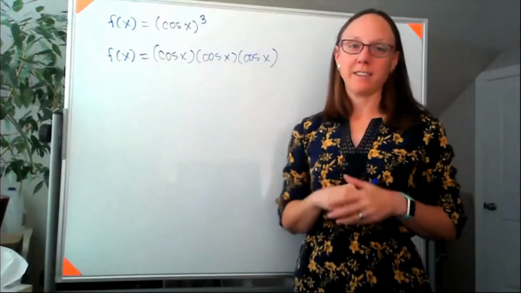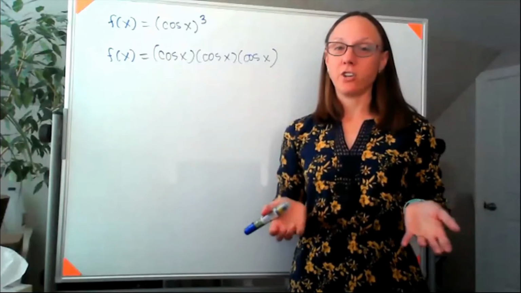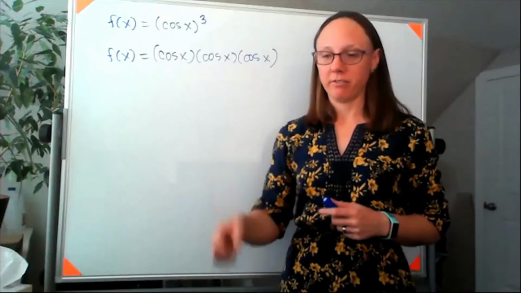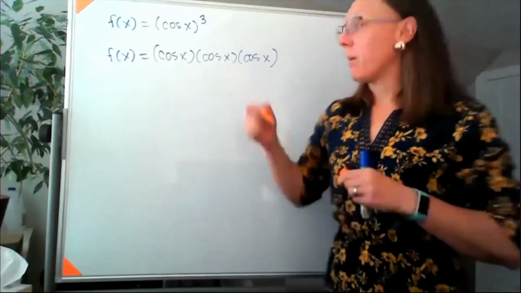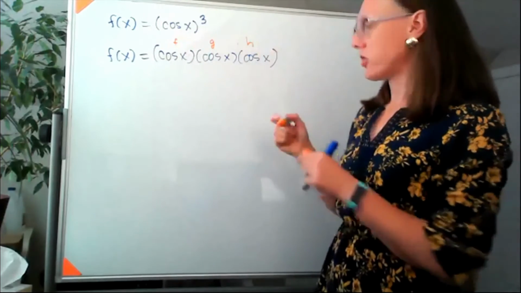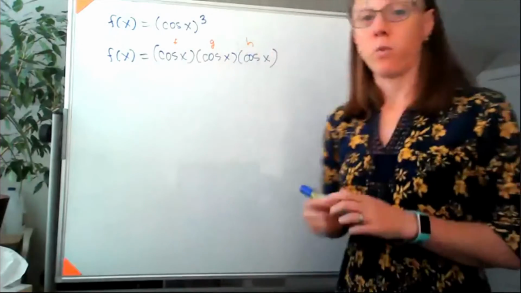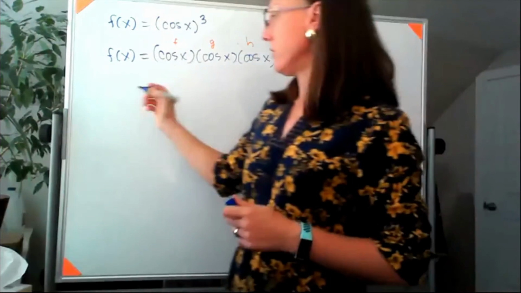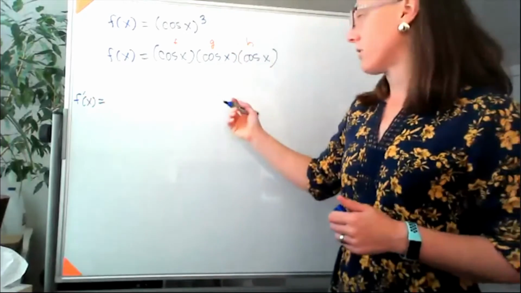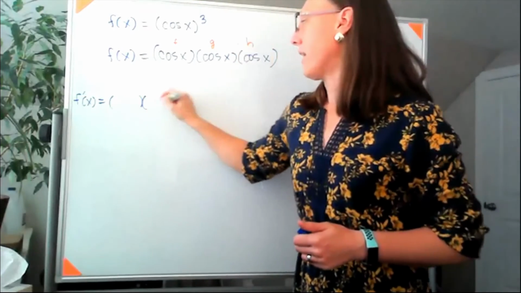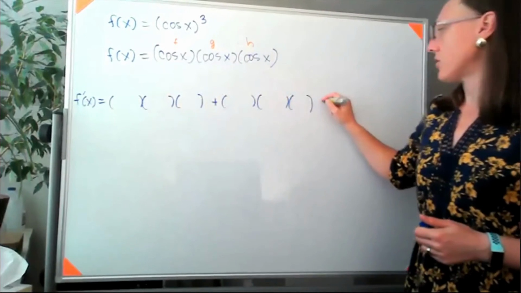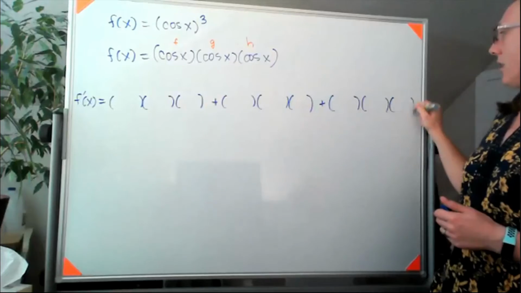Since I have 3 things multiplied together, we're going to need to use our triple product rule in order to find this derivative. So if I think about this as an f times a g times an h, then for our triple product rule, which Kuba does expect you to have memorized, I've got an FGH, an FGH, and an FGH.